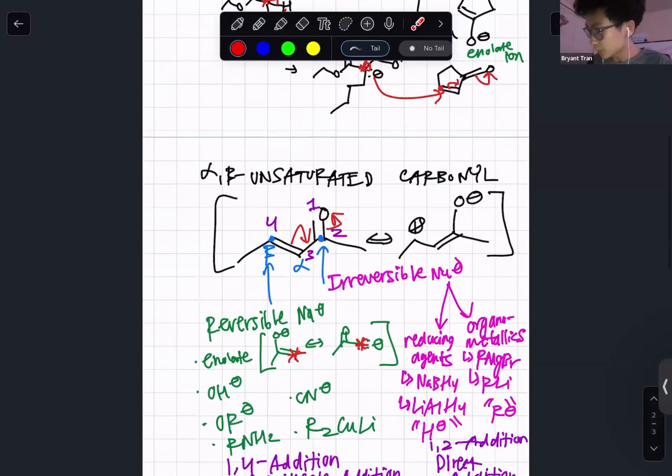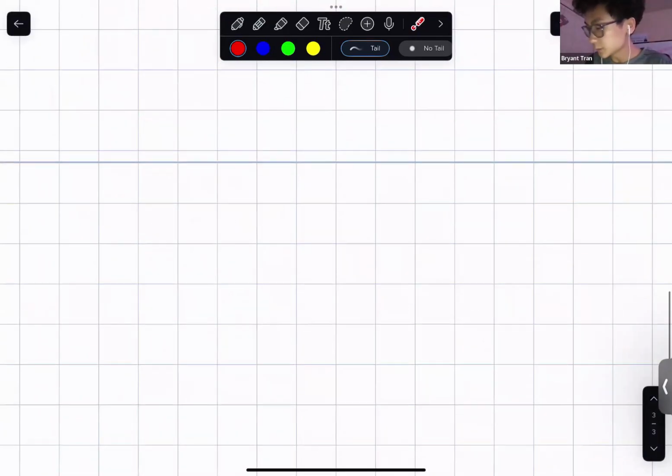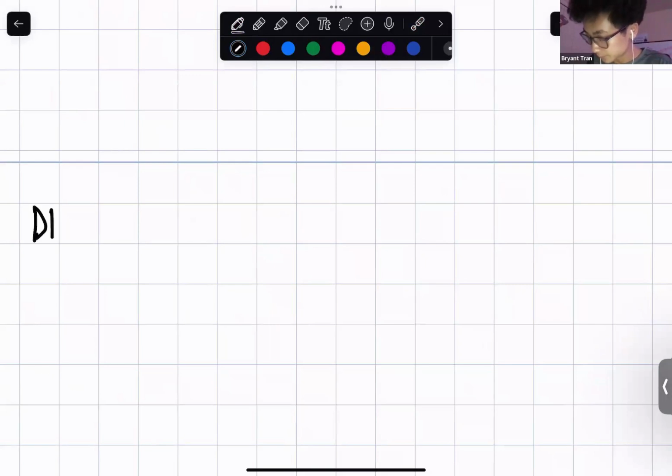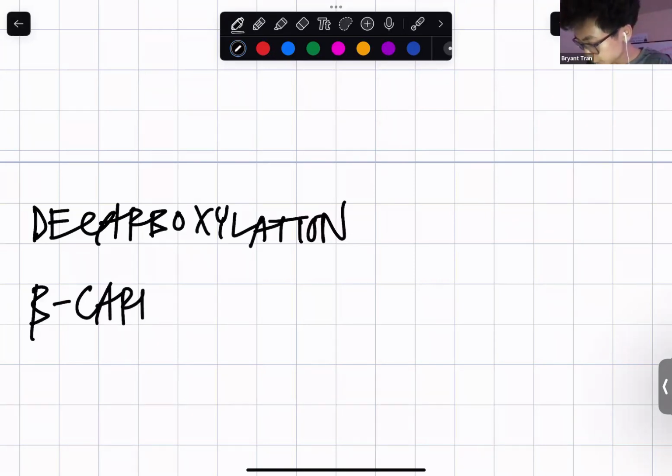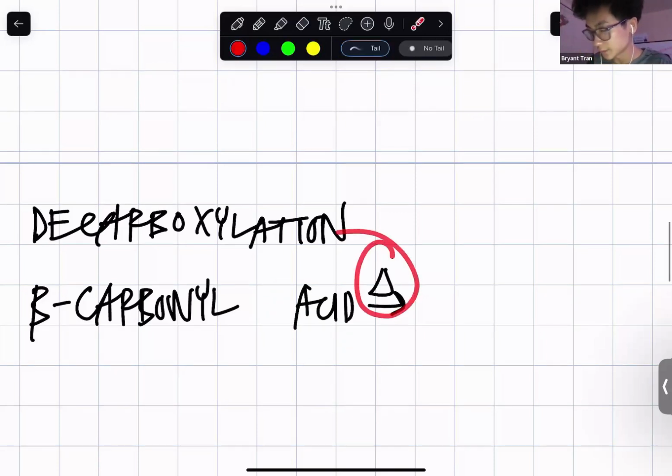Okay. So let me go over decarboxylation and how to know when to do it. Decarboxylation here is going to have a beta carbonyl acid, and the only reagent that you're going to see is heat.